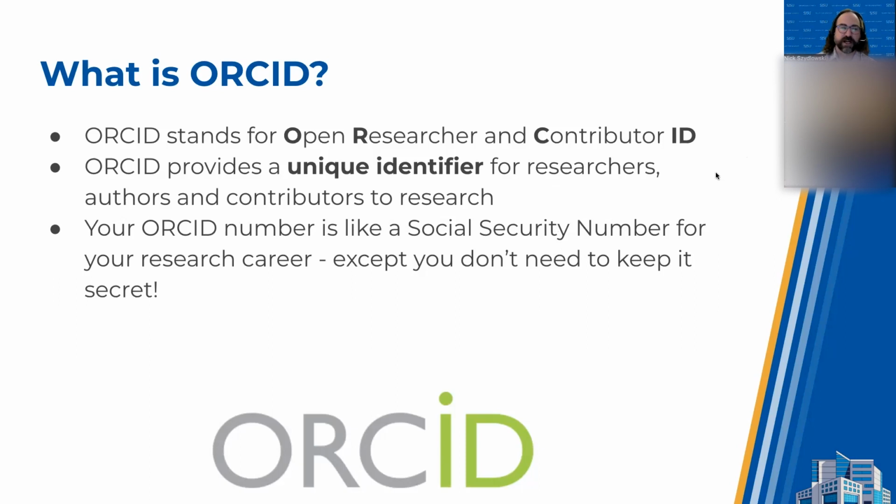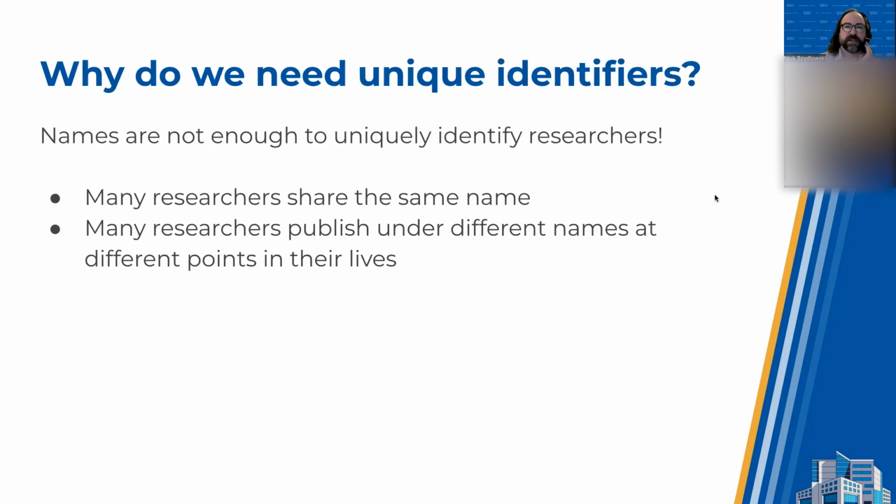But it is a useful thing. We'll talk a little bit more about the history, but thinking about this, why do we need unique identifiers in the research space? Mainly because names are not enough to uniquely identify people.